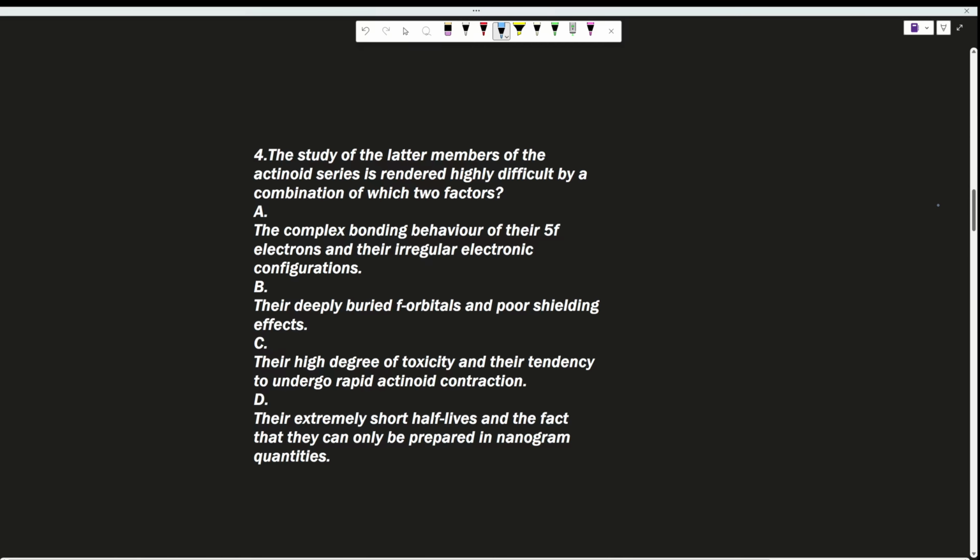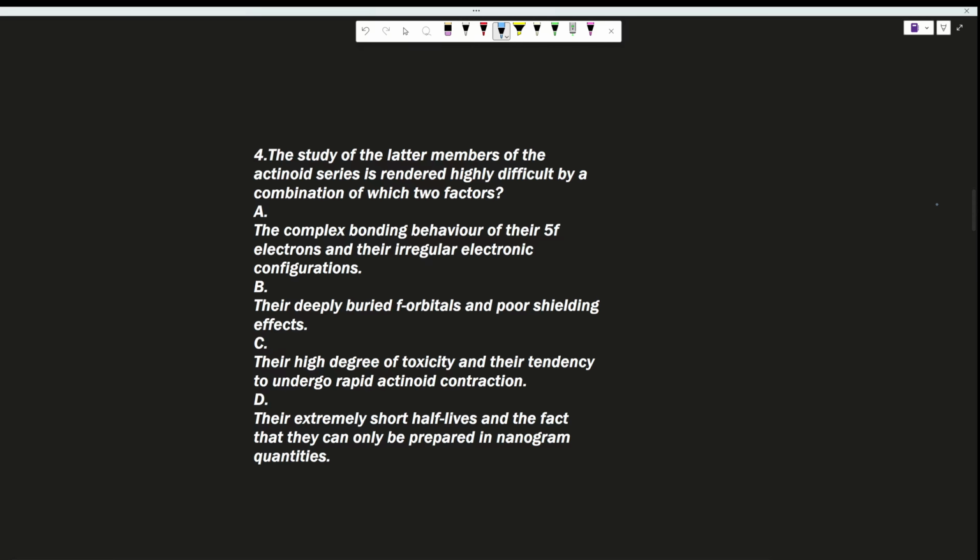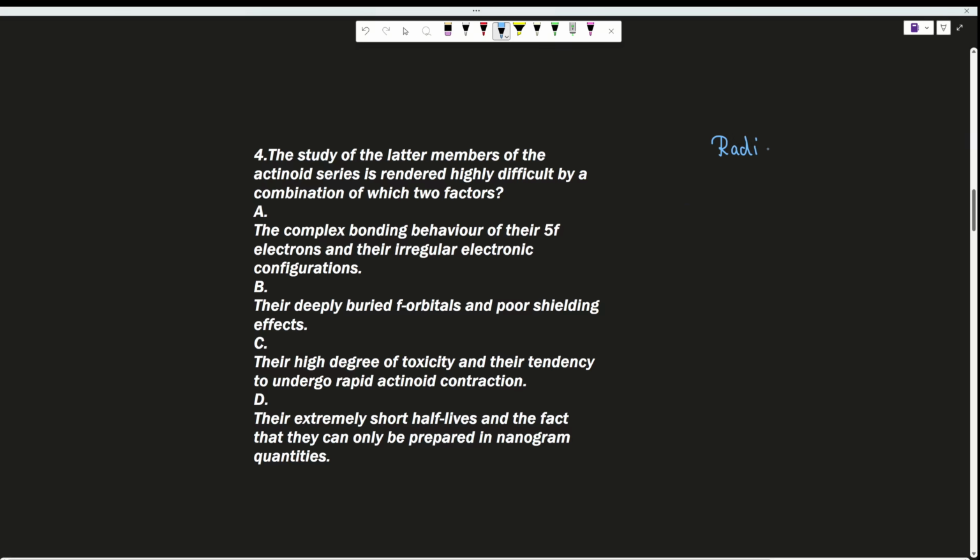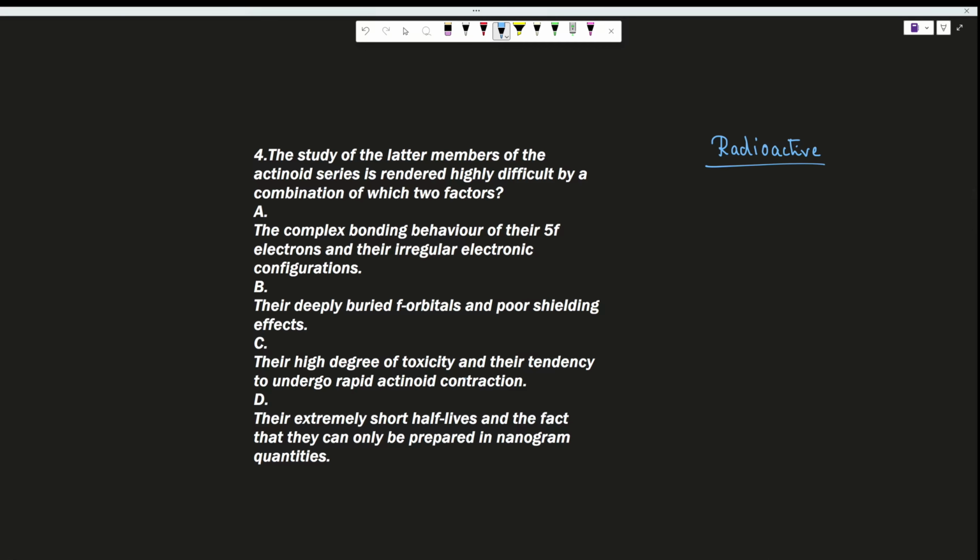Next one. The study of the latter members of the actinoid series is rendered highly difficult by a combination of which two factors? All the actinoids are radioactive, and in radioactivity we know about half-life. The initial members have long half-lives, so at least we can study them a little.